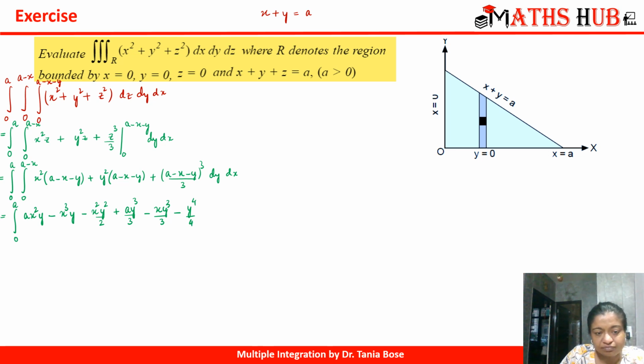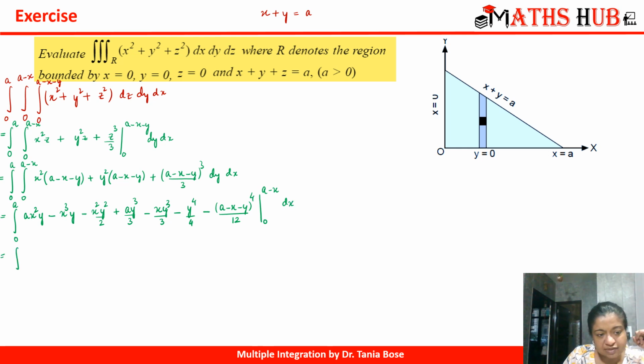Now for this term, it is a linear term. So the integration is simply a minus x minus y to the power 4 by 12 now. And now there will be a negative sign also. So I'm changing this to minus, right? And we will place the limits as 0 to a minus x integration with respect to y.